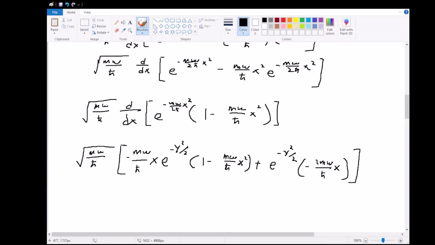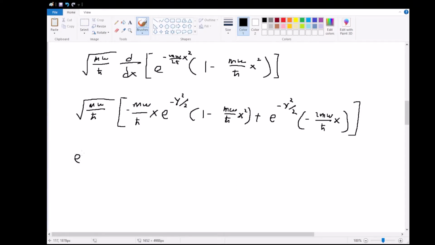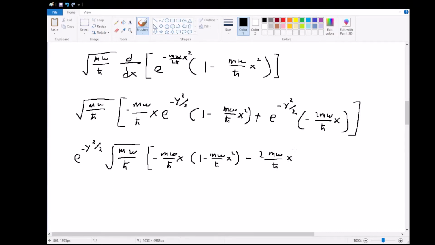Then we factor out the e term, so this gives us e to the negative y squared over 2 times square root of m omega over h bar, and multiplied by negative m omega over h bar times x, multiplied by 1 minus m omega over h bar x squared, plus, or in this case minus, 2m omega over h bar times x.